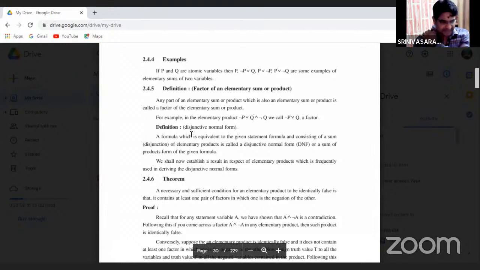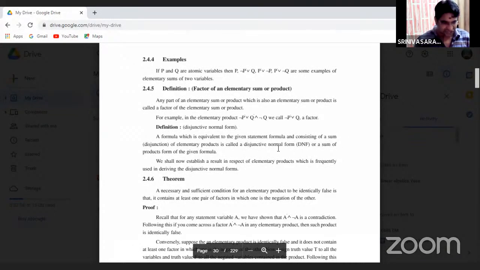Now at the same time, disjunctive normal form is represented with respect to the connective, the disjunctive part. That is also called a disjunctive normal form. A formula which is equivalent to the given statement formula, consisting of a sum of elementary products.